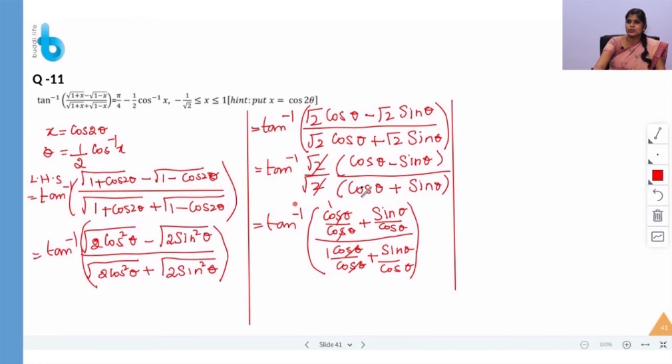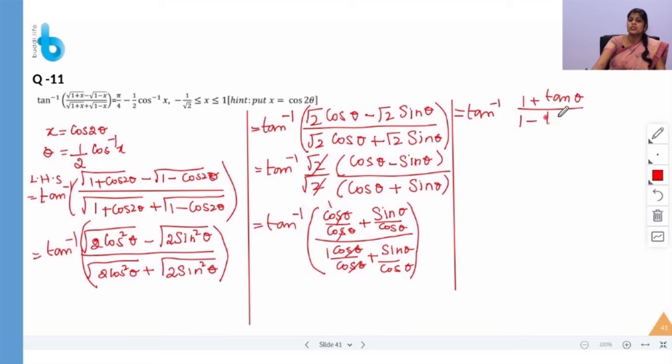So tan inverse of, what I have, 1 minus tan theta divided by 1 plus tan theta.